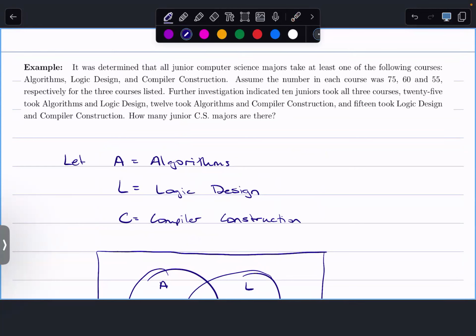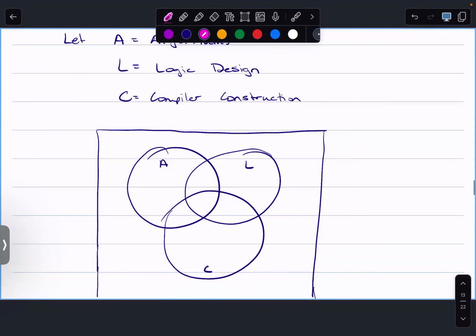10 juniors took all 3 courses, so 10 is going to go in here.